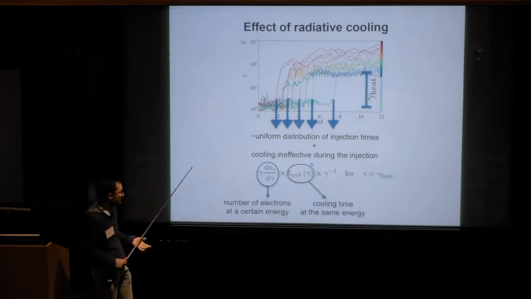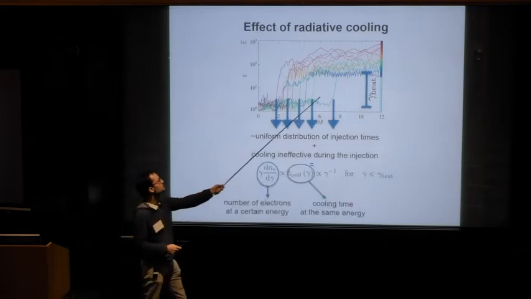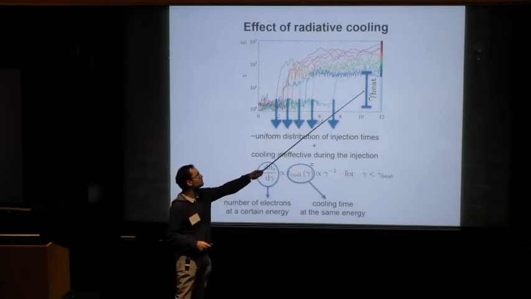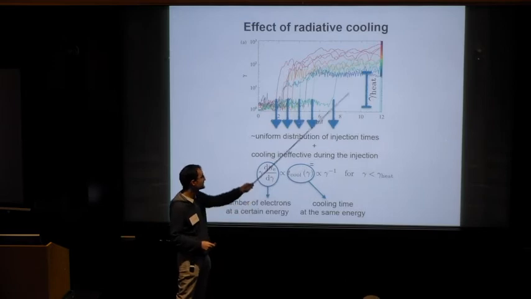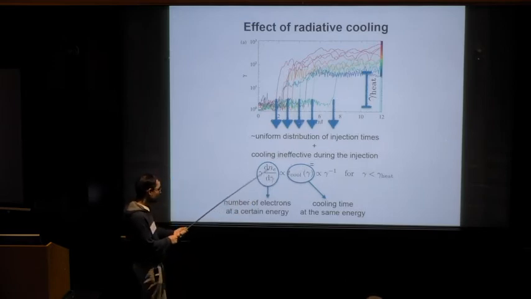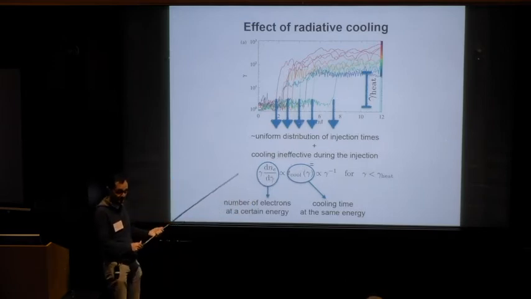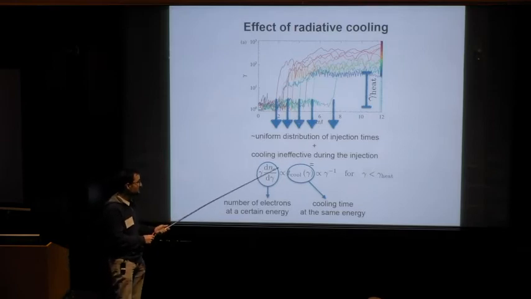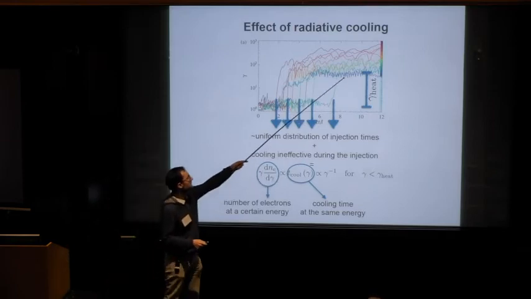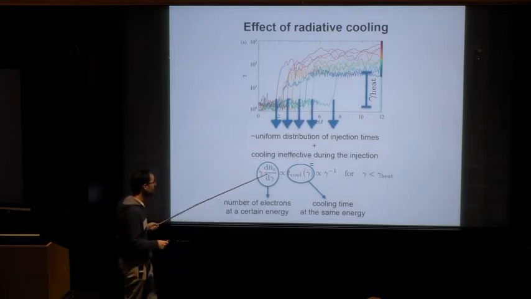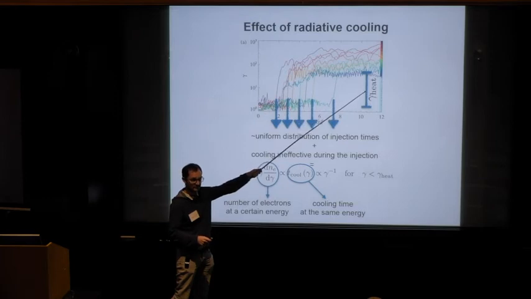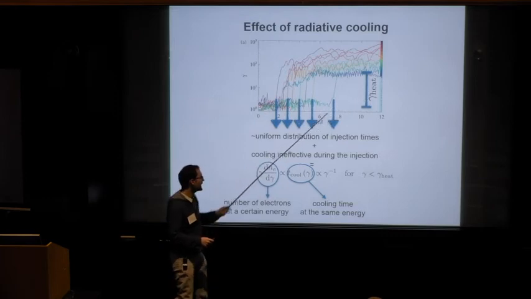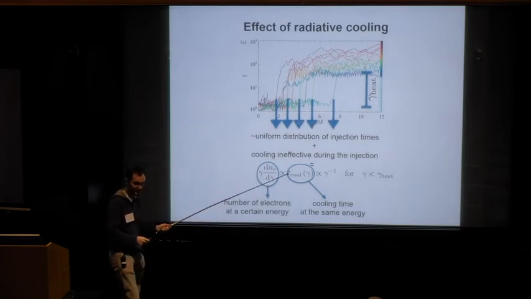So if I'm interested in the number of electrons at an energy lower than this gamma heat, the number of electrons I'm expecting to see at that energy is proportional to the time that the electron spends at this energy. This time is what I was defining as the cooling time.